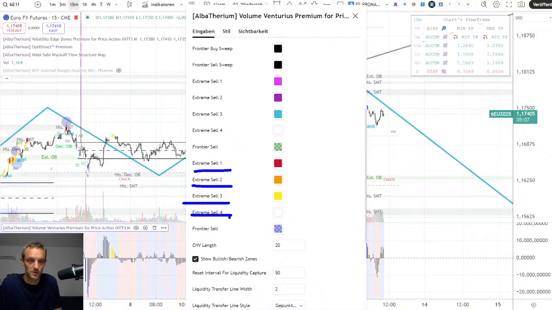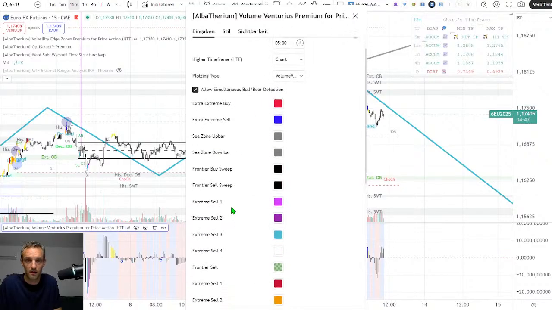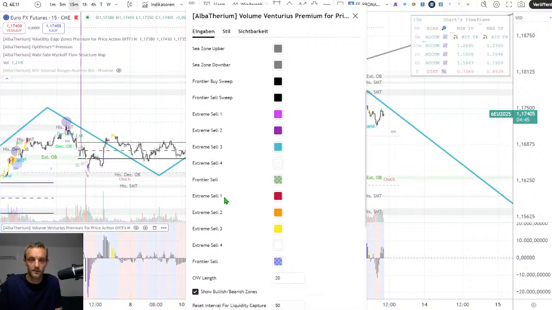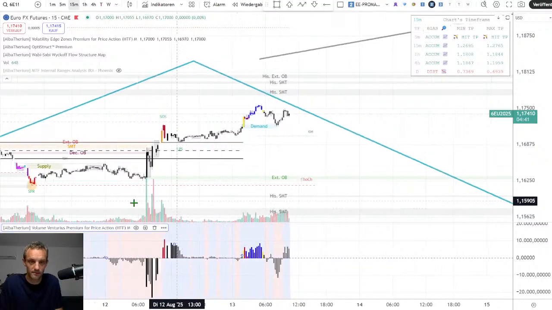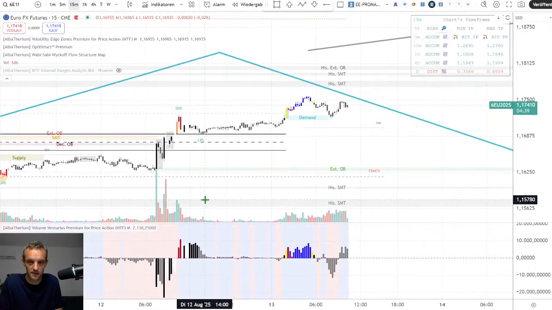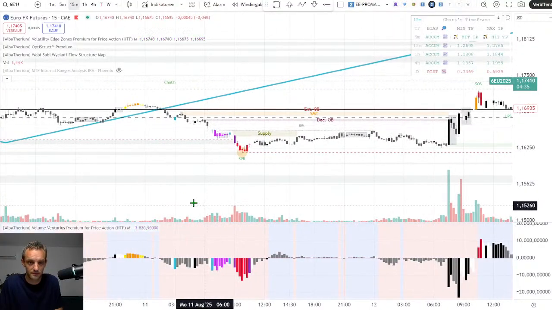It always starts with white, and we have extreme sell here, and of course extreme buy. This is interesting. It starts like this, and you can see it, for example, in this chart.